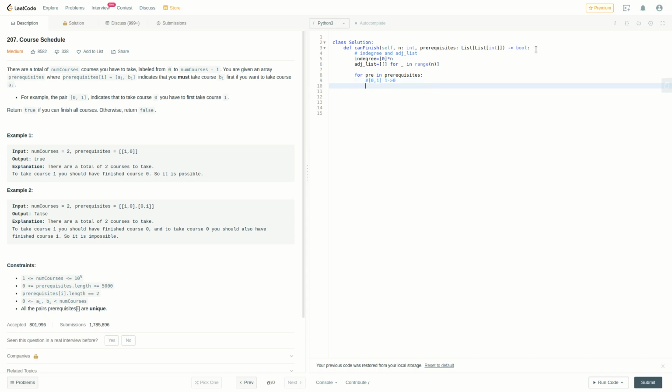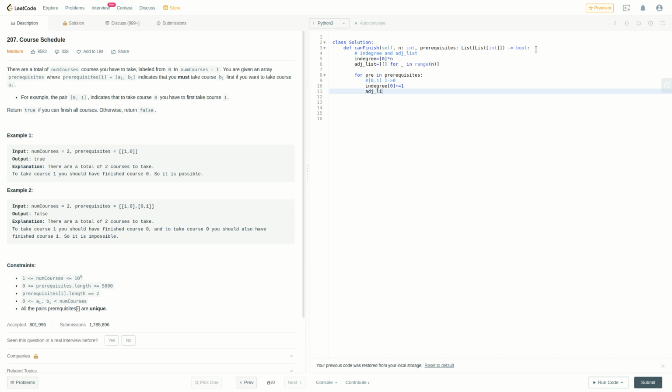So I will increase the prerequisites of 0, which is the first element in our prerequisite element, which is the 0th index. So the 0th index of the integer element will increase by 1.